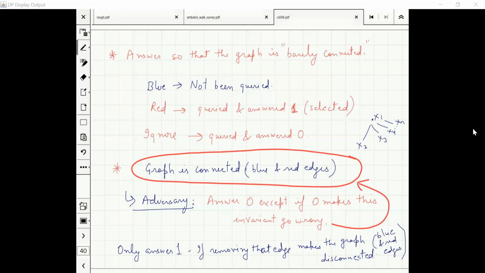So what do you mean by an adversary? This is just a way of giving an argument. In this lower bounding argument, the adversary is the person who will create an input where the algorithm cannot answer correctly. So over here, the adversary is trying to create an input.